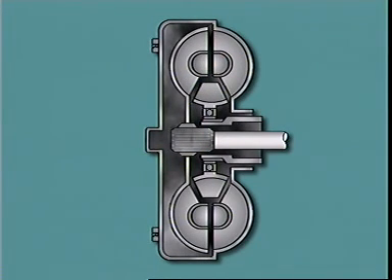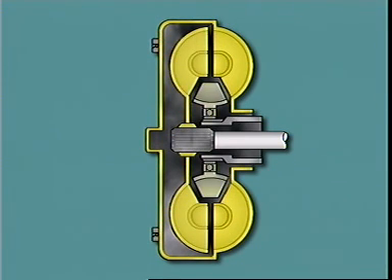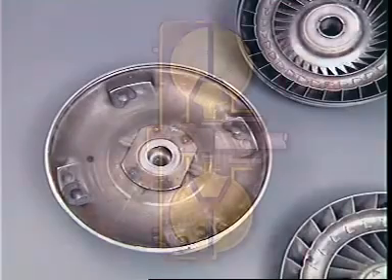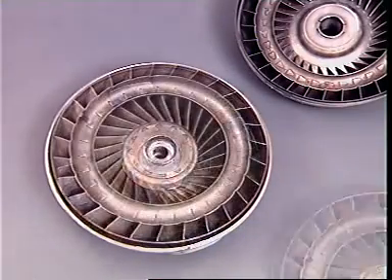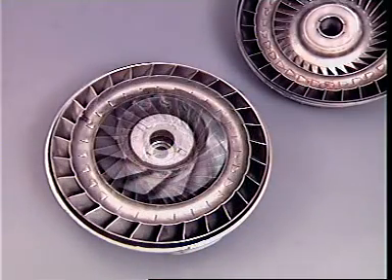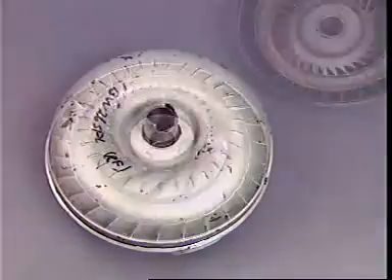In its simplest form, a single-stage torque converter has three elements: the impeller, the turbine, and the stator. All three have angled or curved vanes and are contained in a single casing.